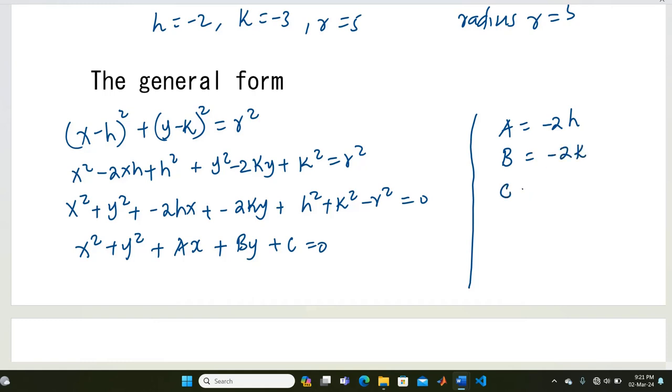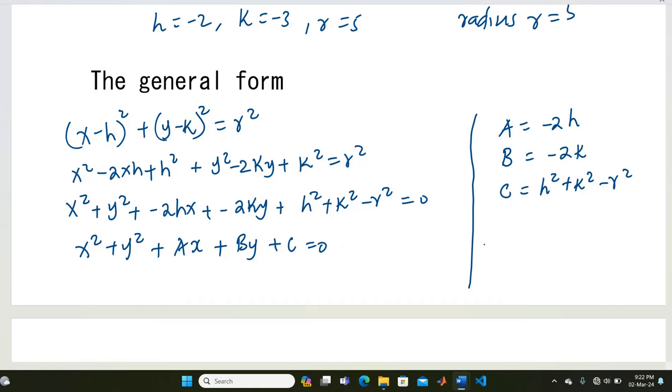What about c? C is going to be h squared plus k squared minus r squared. So, ladies and gentlemen, if given an equation of a circle of this kind, then you can easily tell the center of that particular circle.